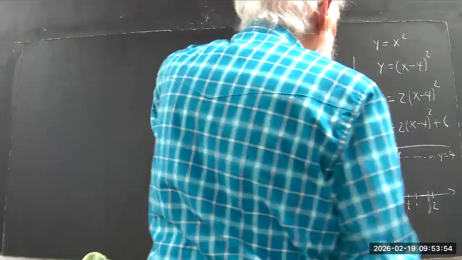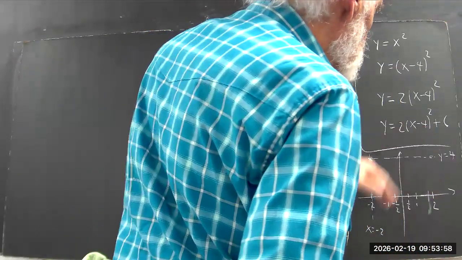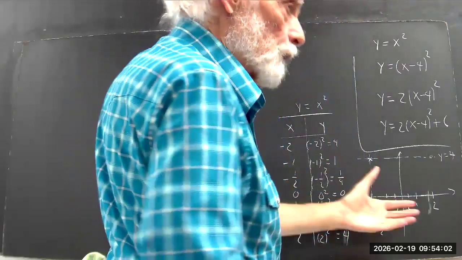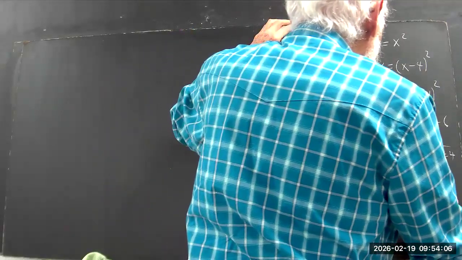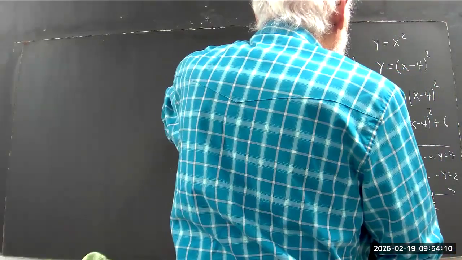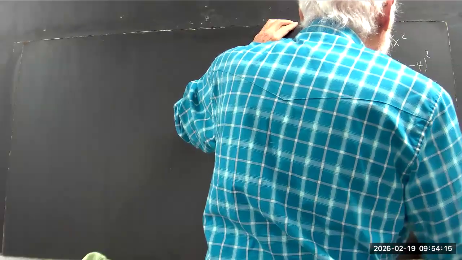well, okay, y is 4 up here above the x-axis. Halfway between y equals 4 and the x-axis. Well, the x-axis is y equals 0. So halfway between y equals 4 and the x-axis is y equals 2. Halfway between there and the x-axis is y equals 1.